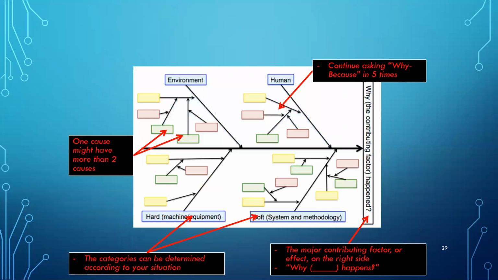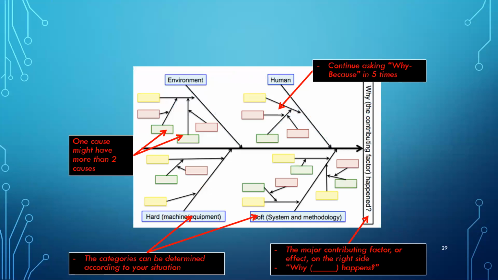So this slide is a little bit busy. I apologize for that, but I think it shows a few important things. If you start in the bottom right-hand corner, you see it's describing that here's where you indicate the effect or the major contributing factor. And you may remember from the first session that Brittany talked about you listing your contributing factors.